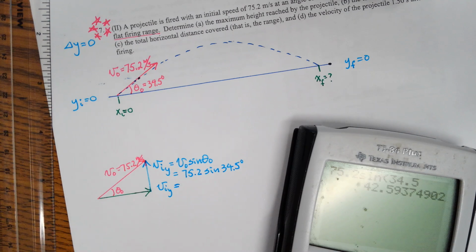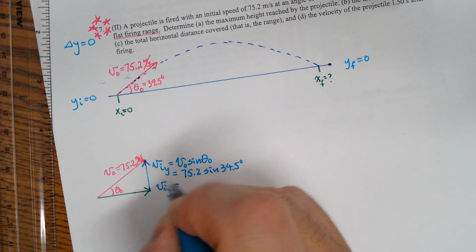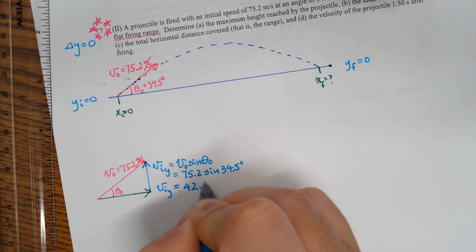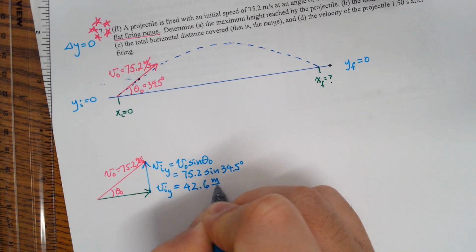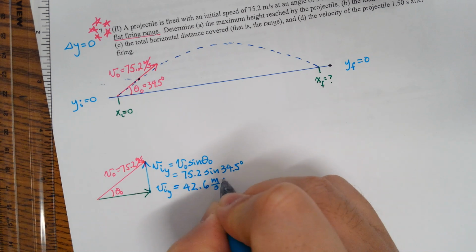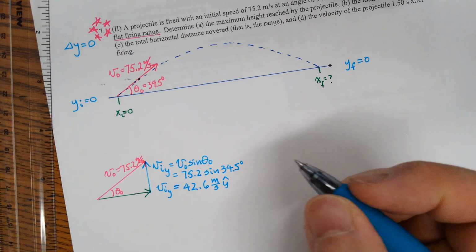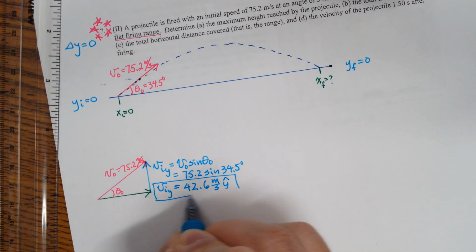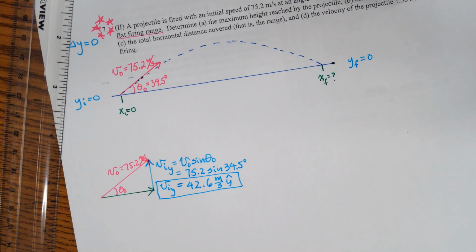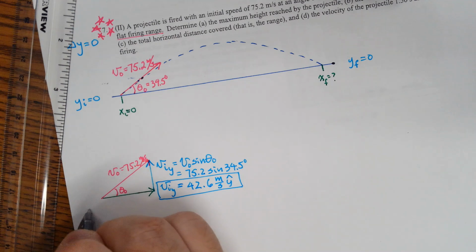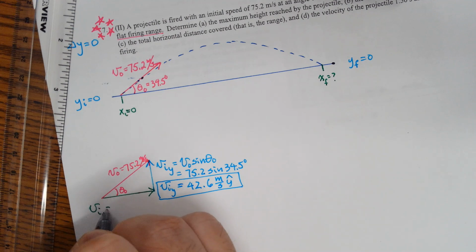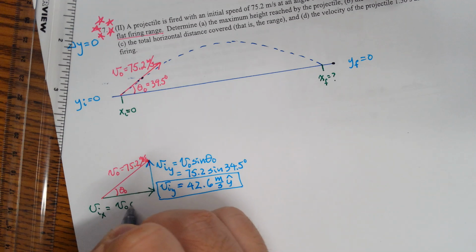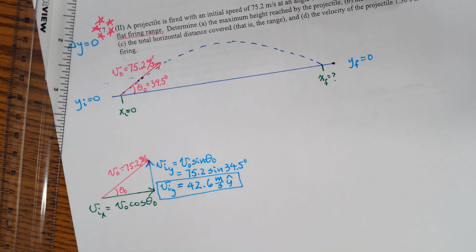Yeah, 42.6 meters per second, y hat. Okay, that's good to know. Then Vix is equal to V naught cosine theta naught.